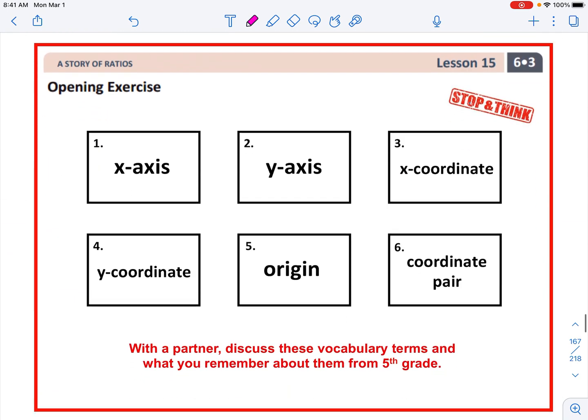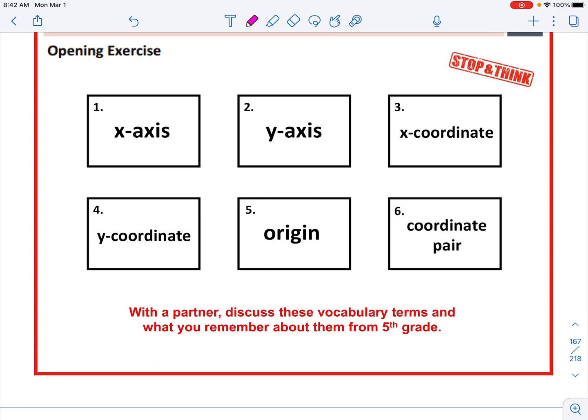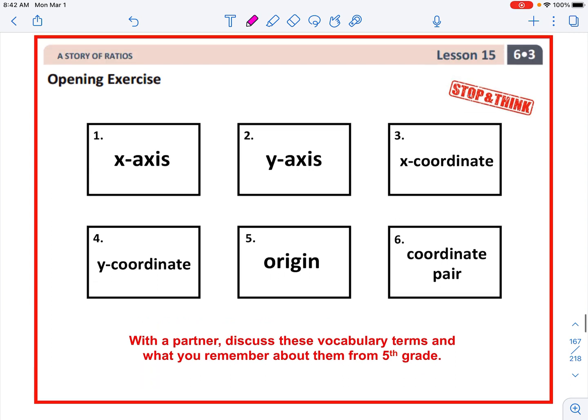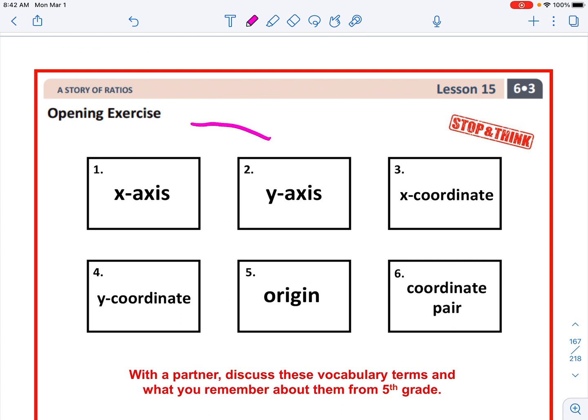So these are some of the words we're going to be talking about. Remember, the x-axis is the horizontal line on our coordinate plane. The y-axis is the vertical. The x-coordinate is the first number in our ordered pair. The y-coordinate is the second number.